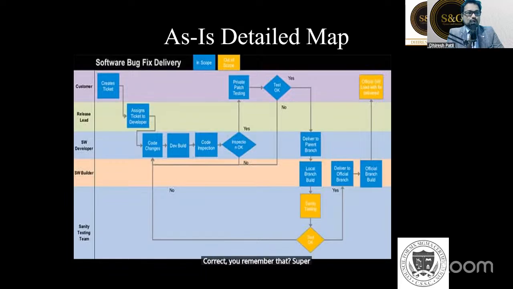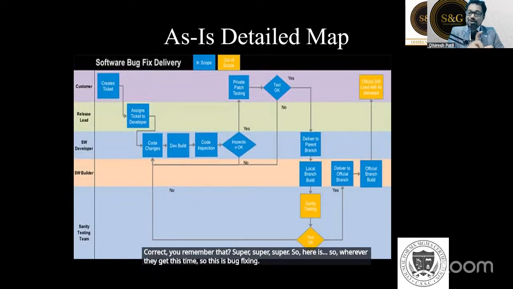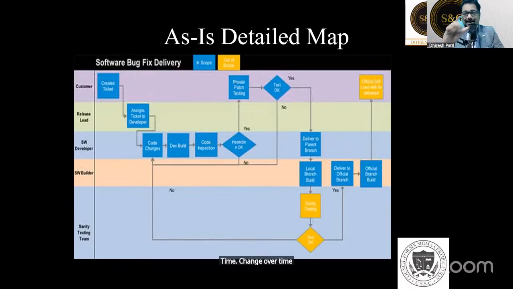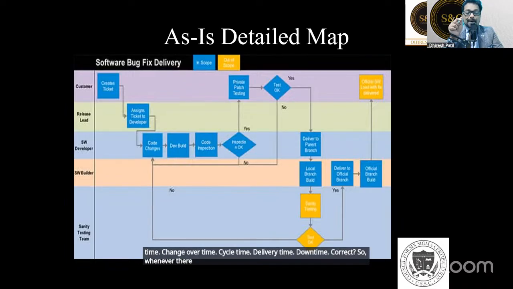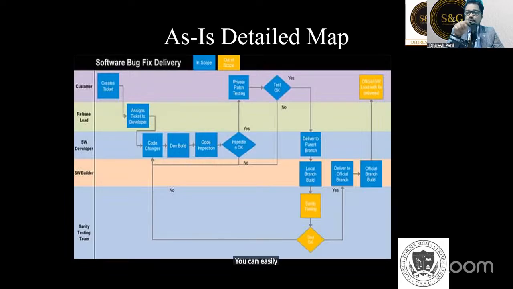Super. So wherever there is time, so this is bug fixing time, changeover time, cycle time, delivery time, downtime. Correct? So whenever there is a time element attached, you can easily use these lean tools like the as-is process map. Everybody is aware of the process map.